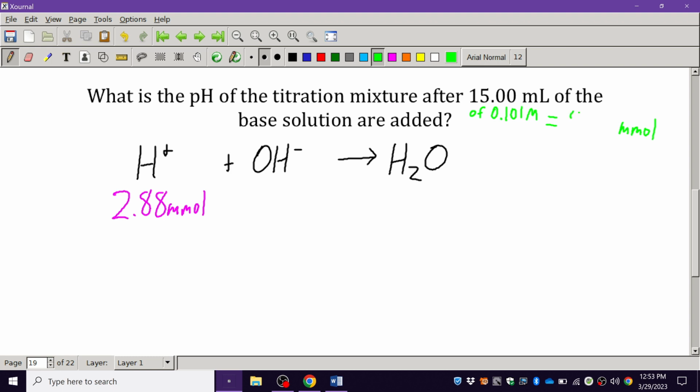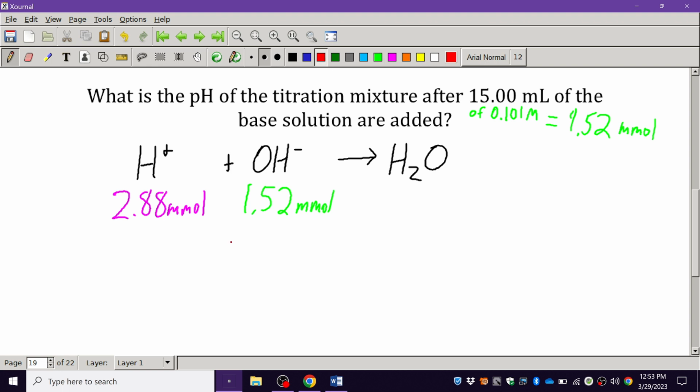Okay, yeah, we'll round it to 1.52. Okay, so which of my two reactants is my limiting reactant? Yeah, the hydroxide ion, exactly.